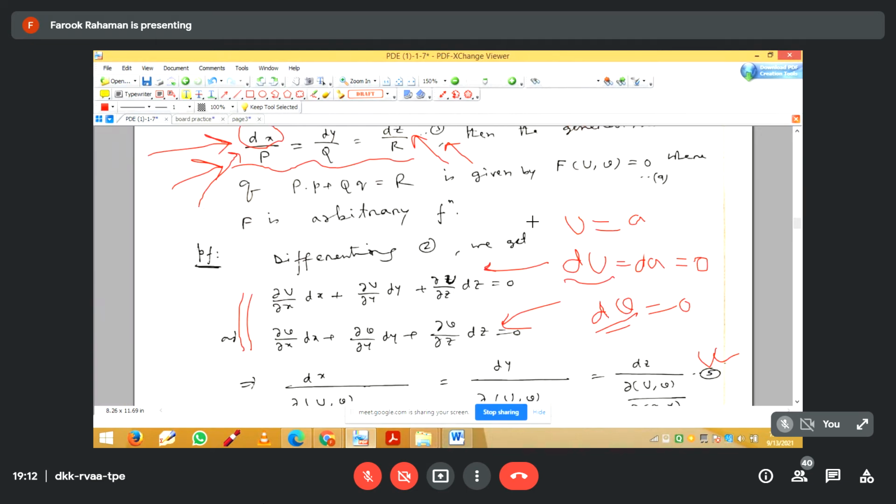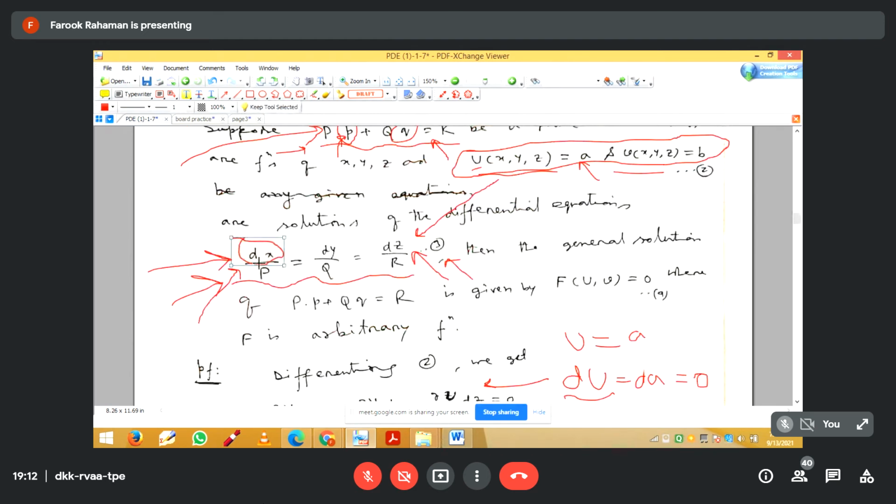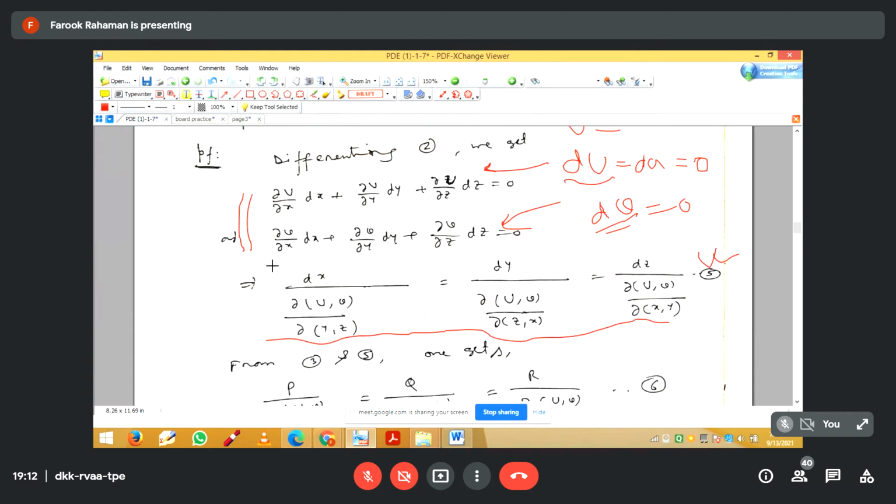Now compare 3 and 5. What is 3? This is equation 3. And this is equation 5. Okay. Now compare 3 and 5.